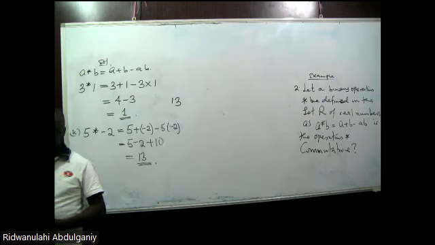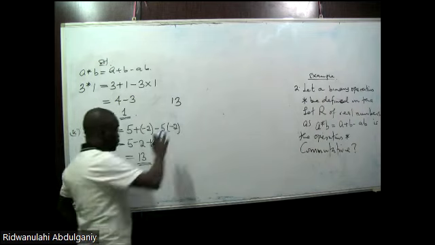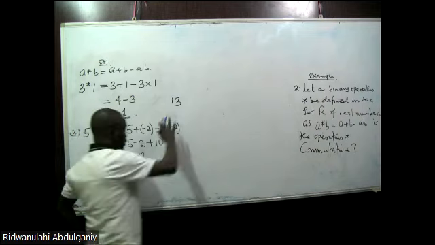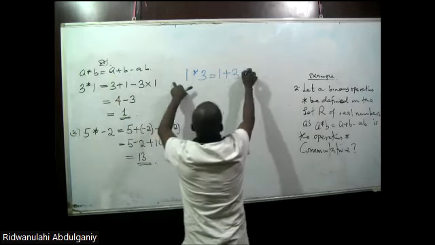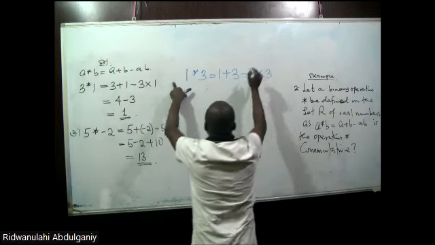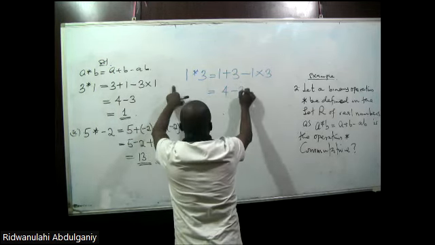Let's discuss. Before I discuss it, let me use the number, but in the exam, you cannot use number to discuss it. We have 3 operation 1. Let's take 1 operation 3. For instance, 1 operation 3. That is the first element plus second element minus first times second, and we have this one to become 4 minus 3. This may be a coincidence. Let's take the second one. We are going to have minus 2 operation 5.